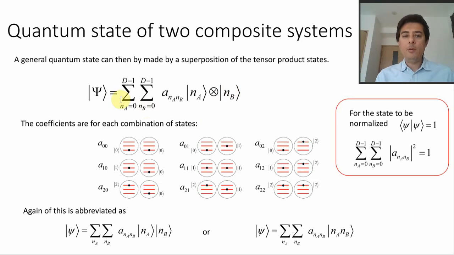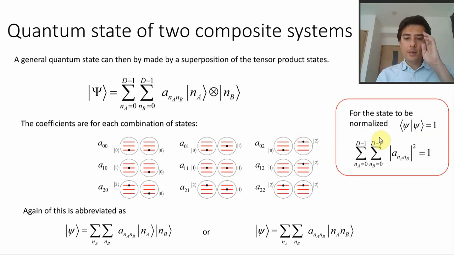As usual, if we want this whole thing to be a quantum state, then we need these coefficients to be normalized. That ensures that when you take the overlap of the state with itself, the overlap of capital psi with psi, it should equal 1.